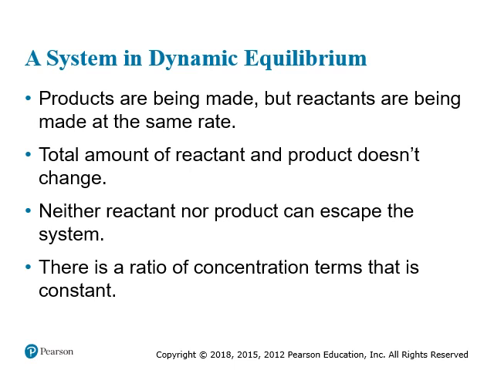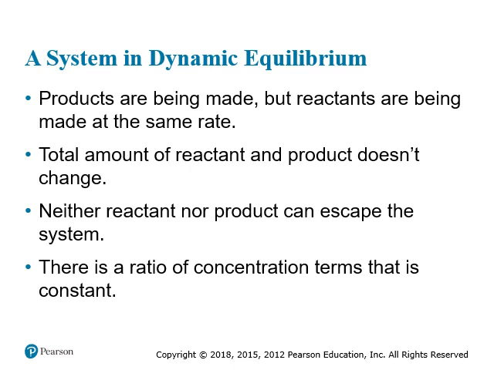But most importantly, at least from a calculation point of view, there is a ratio of concentration terms that is constant. If we know that the amount of reactant and the amount of product remain unchanged overall at equilibrium, there has to be some relationship between the concentration of our products and the concentration of our reactants.